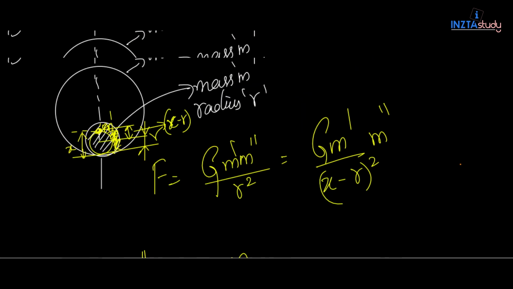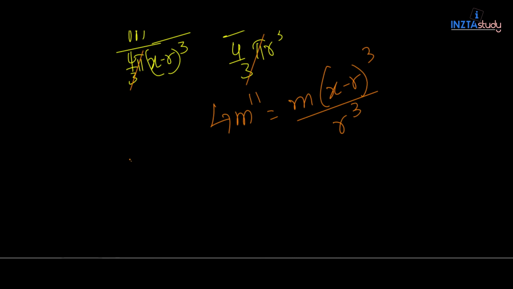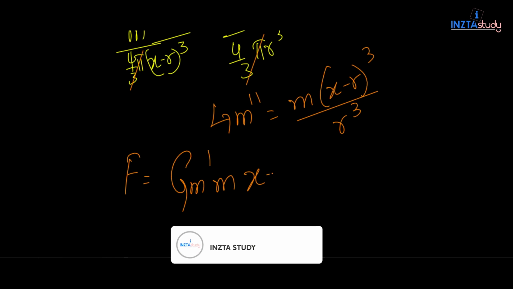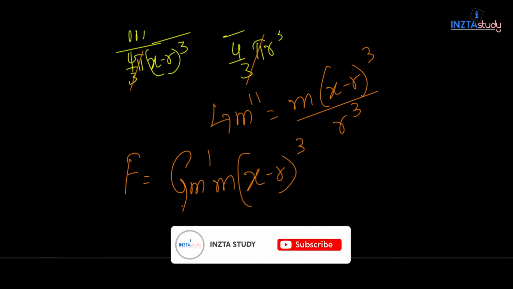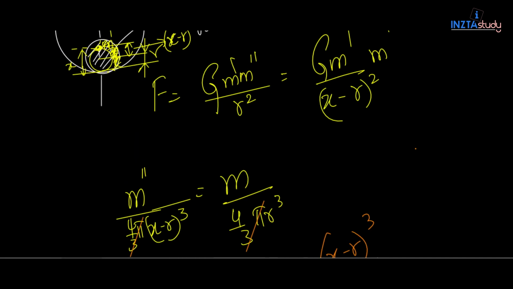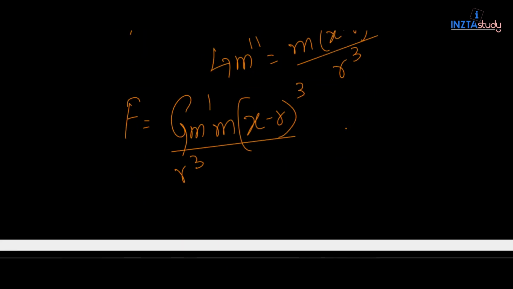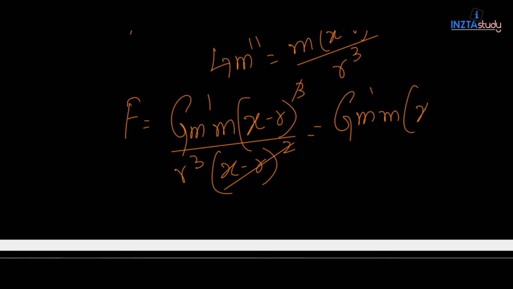So just solving it over here, force equal to G m dash m into x minus r the whole cube divided by r cube, and we have x minus r the whole square. So square and cube get cancelled. So G m dash m into x minus r divided by r cube. Okay, so this is for subdivision A.